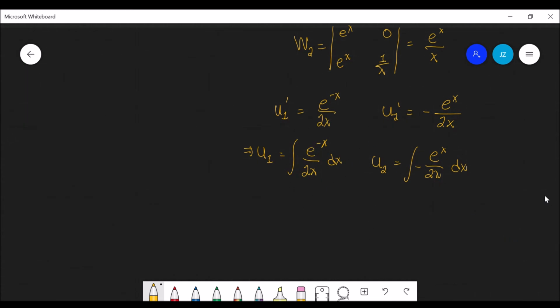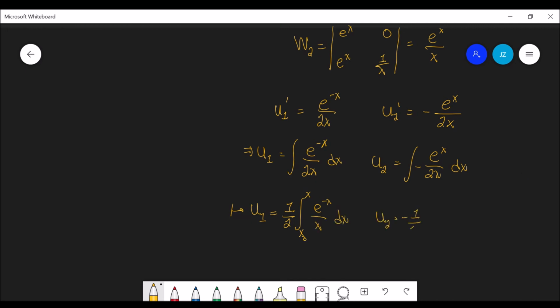We cannot find an antiderivative. So we will write these as integral defined functions. That is, we will say that u1 is a half the integral from x naught to x, where x naught is some constant, e to the minus x over x.